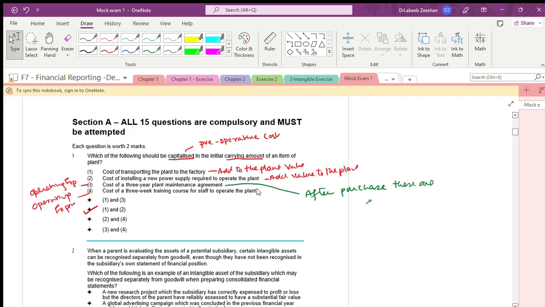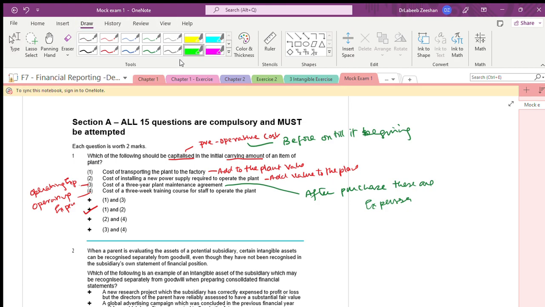When we take things into consideration, we have to consider expenses before or till it starts beginning. Once you have started using the plant, other expenses will be operating expenses.